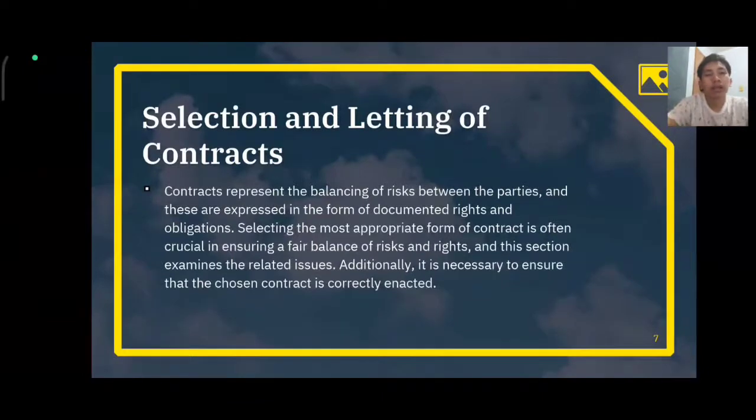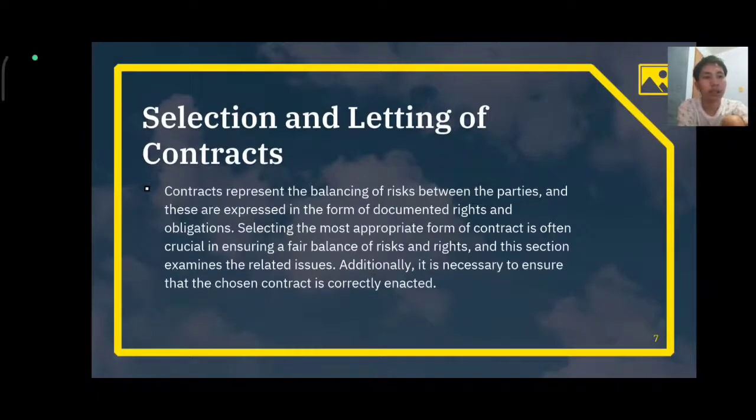So the next topic is the selection and letting of contracts. Contracts represent the balancing of risk between the parties, and these are expressed in the form of documented rights and obligations. Selecting the most appropriate form of contract is often crucial in ensuring a fair balance of risks and rights.